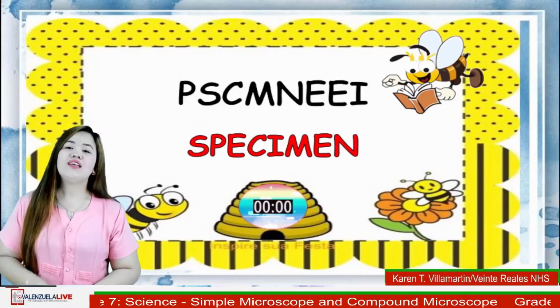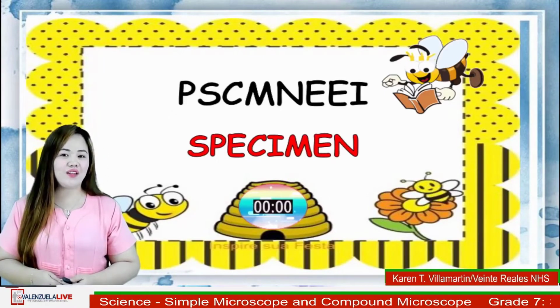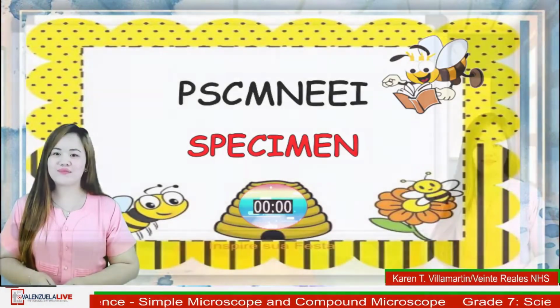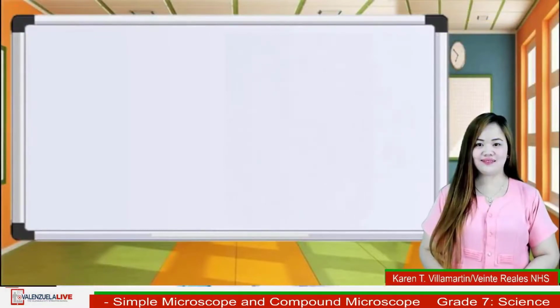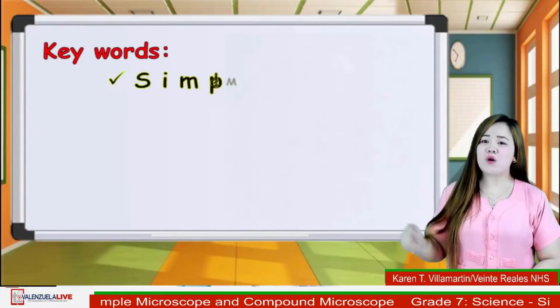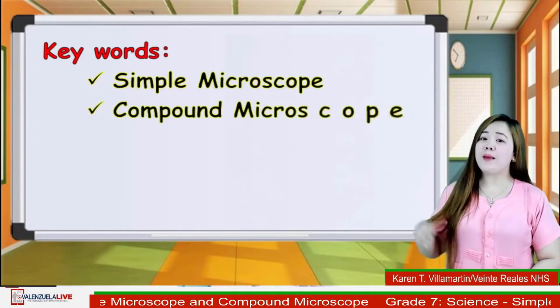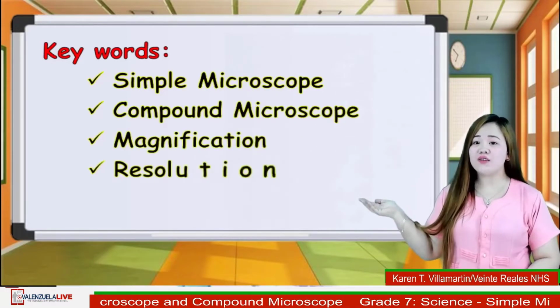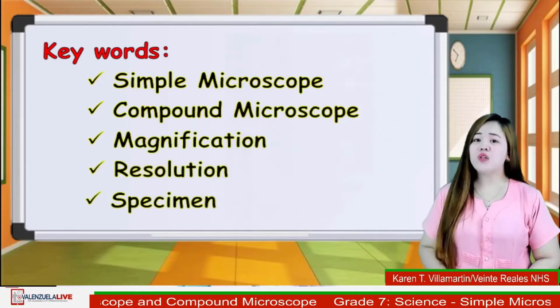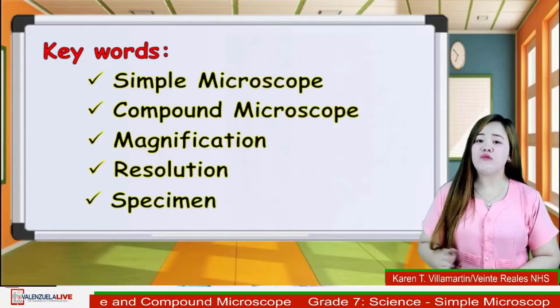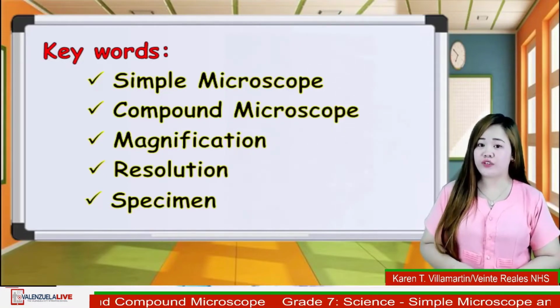Specimen. You did a great job. You got all the correct answers. Simple microscope, compound microscope, magnification, resolution, and specimen. Those are the important words that we will use in our discussion for today.